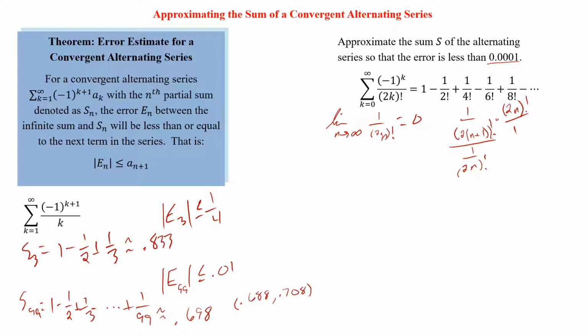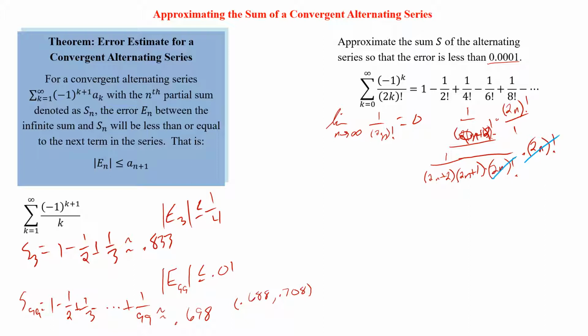This is 2n plus 2 factorial, which we can expand out to get 1 over 2n plus 2 times 2n plus 1 times 2n factorial, times 2n factorial, which cancels.